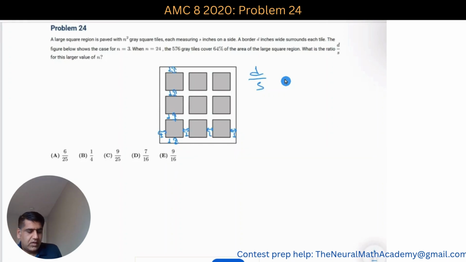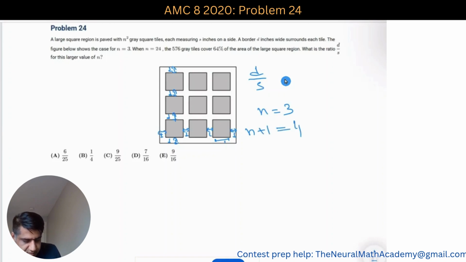And s is the side length. From here we can make one observation: if n is 3, then the number of distances along each side is 4.